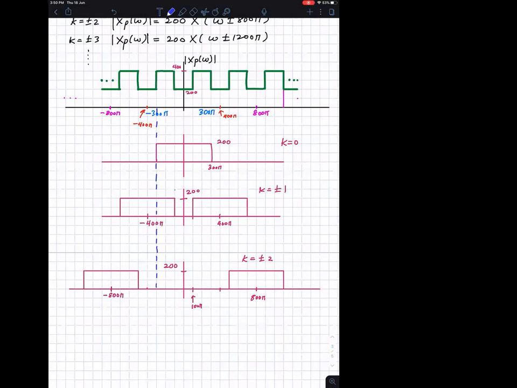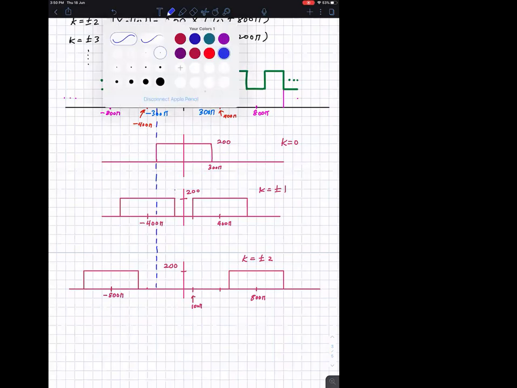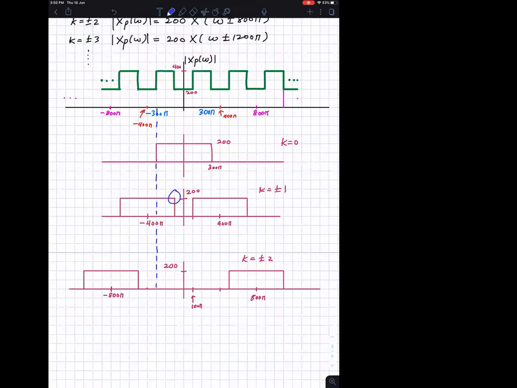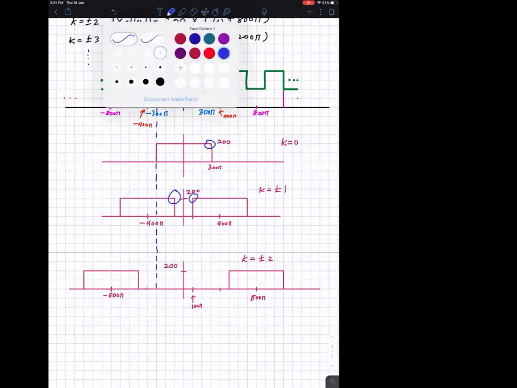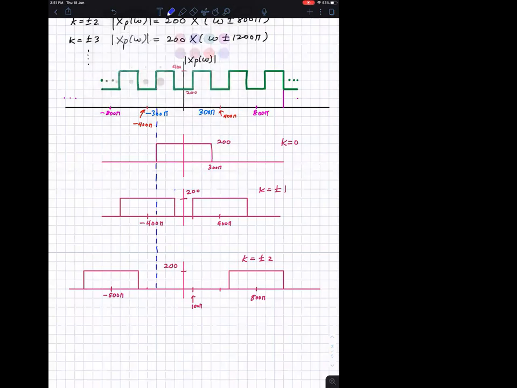Wherever there's a corner, whenever there's a jump from 200 to 0 or 0 to 200, you may want to draw dotted lines.